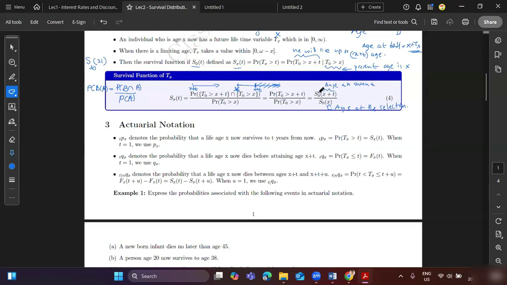But since it's a survival function, we know that from X to X plus T there is no termination of the contract or occurrence of death in between. In this example, the person buys the insurance at age 30, and up to age 51, that person is still alive, and he still uses the same insurance contract.